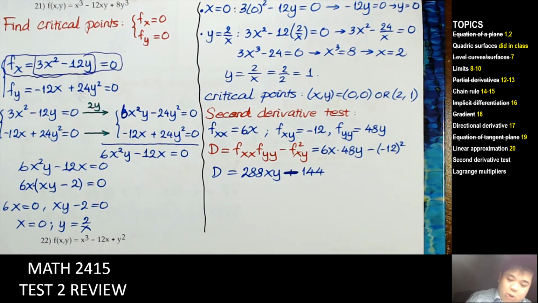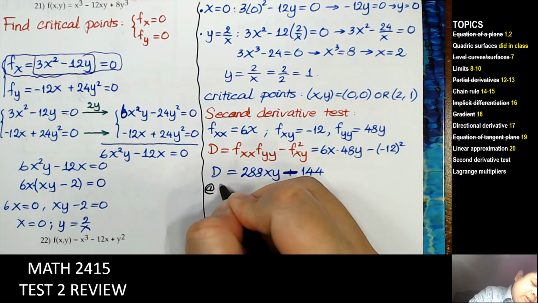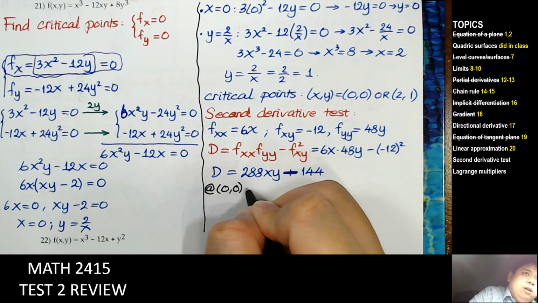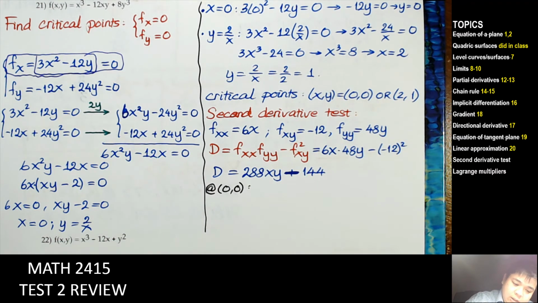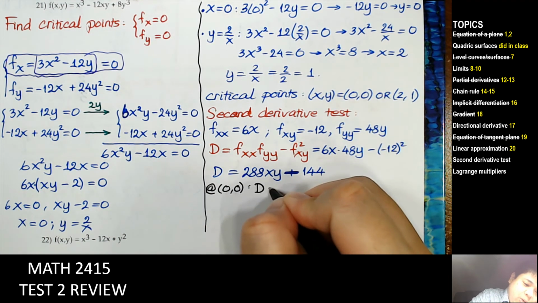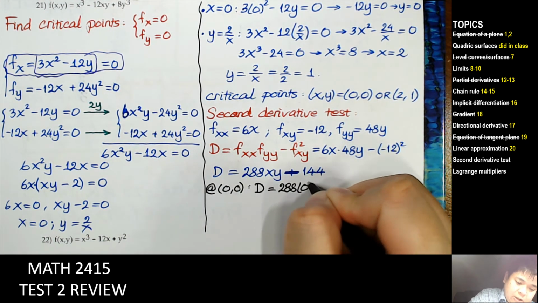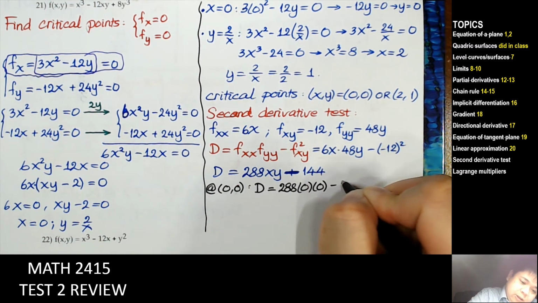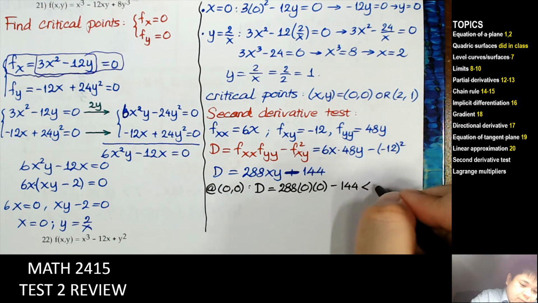Now we'll have 2 points. First at (0, 0). We're going to put 0 in for x and y. That is less than 0.